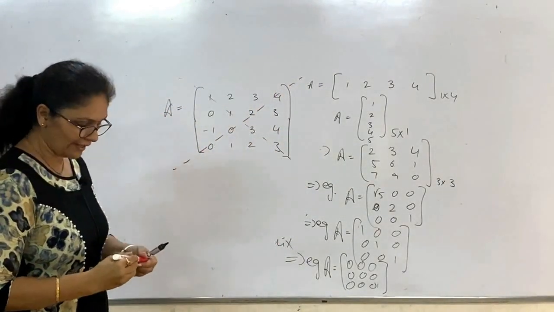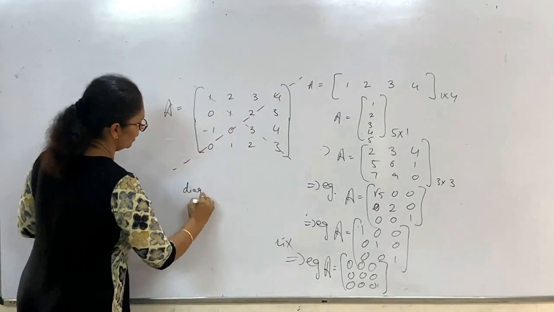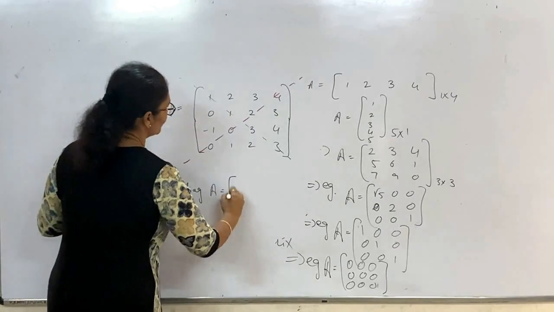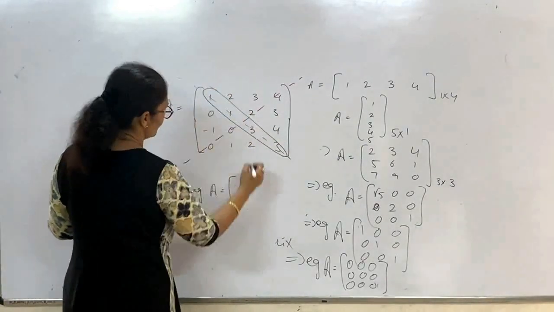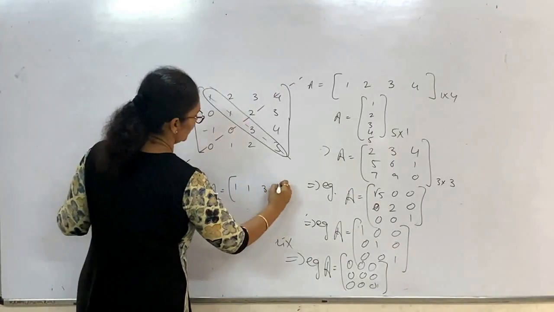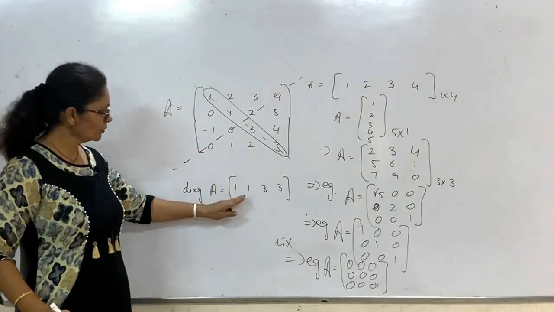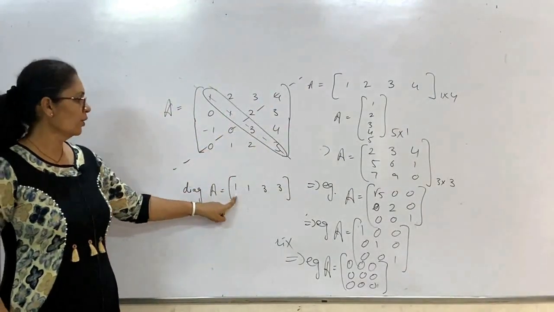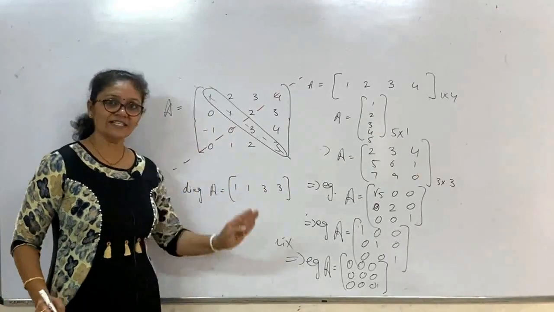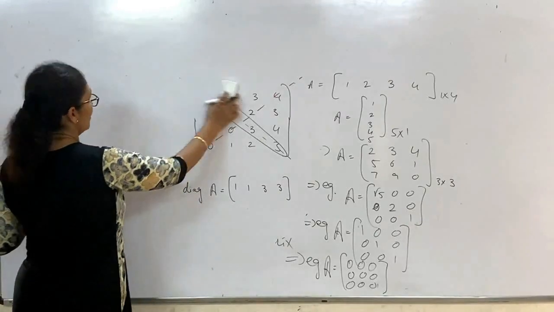If I want to write a diagonal matrix, one simple way is to write diag A like this. This is your diagonal matrix: 1, 1, 3, 3. Its meaning is that the principal diagonal elements are 1, 1, 3, 3 and the rest of the elements are 0. These are all the types of matrices.